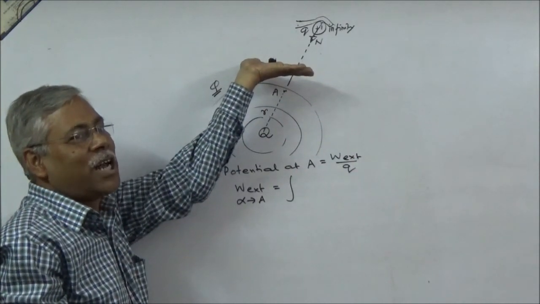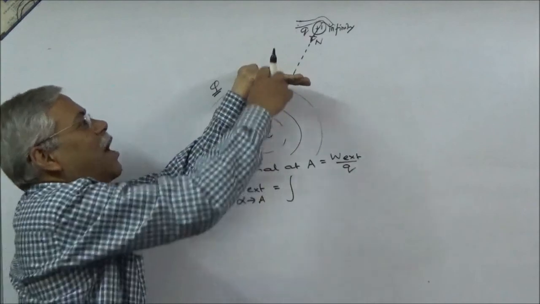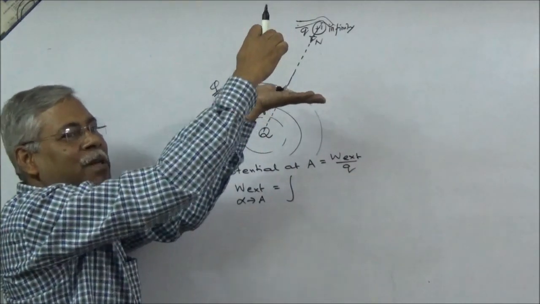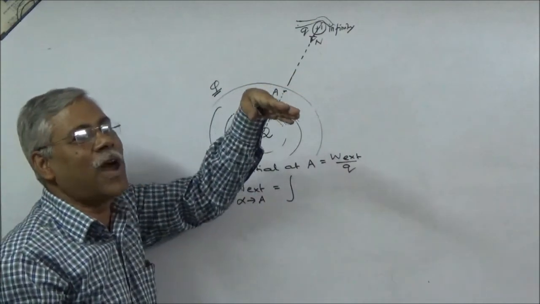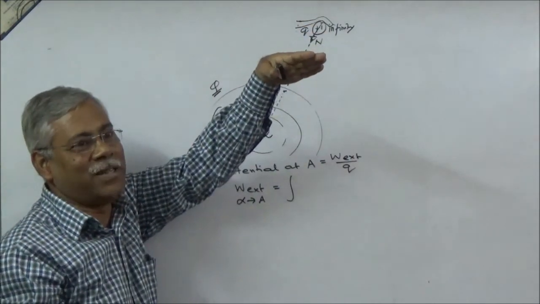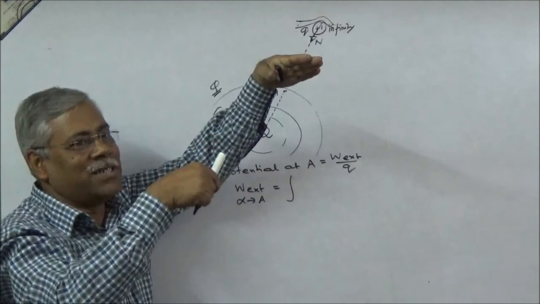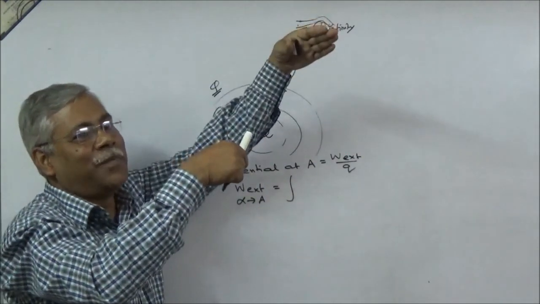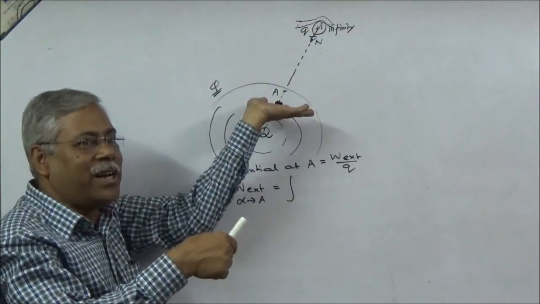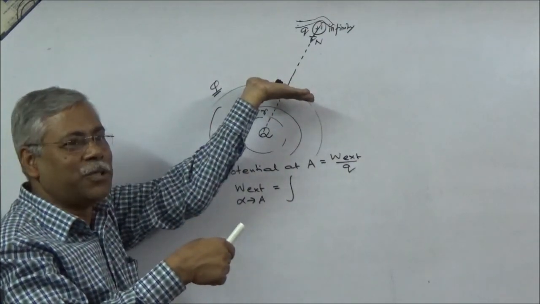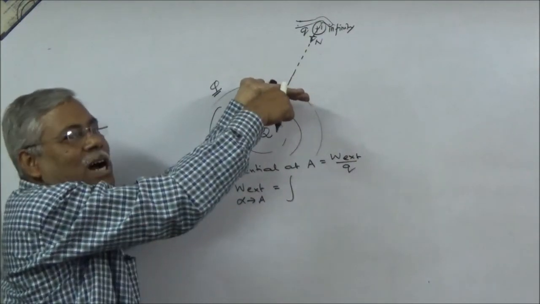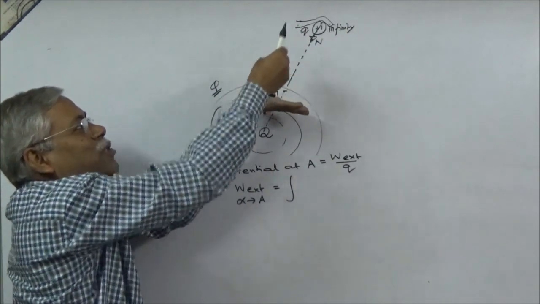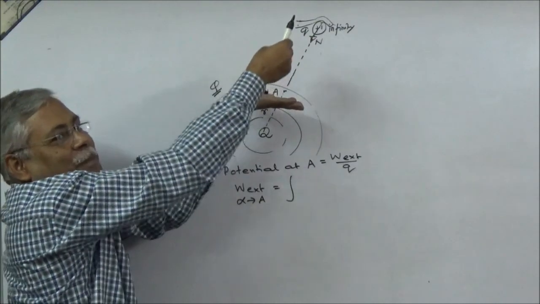You are exerting force upward, actually normal force. When the charge is trying to fly away, you place your palm like this and exert force in this direction, preventing the charge from flying away. When the charge is being attracted, you hold your palm in this position, preventing the charge from moving towards it, exerting normal force in this direction.